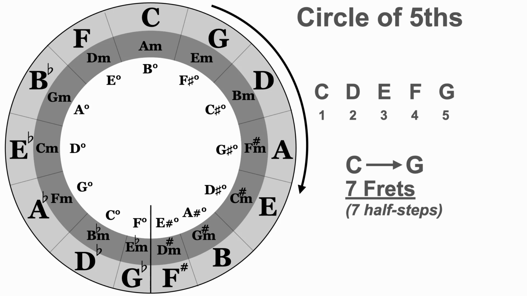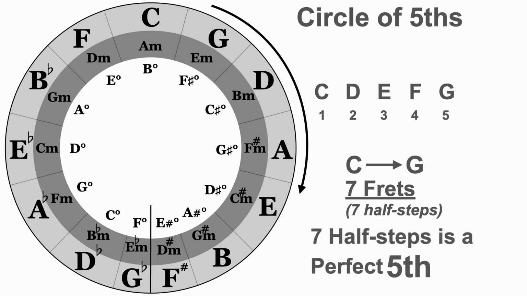But as we spoke about, every single interval on our fretboard has a name, and the interval of 7 frets, or 7 half steps, or 7 semitones all mean the exact same thing. It has a very specific name, and that name is a perfect fifth.